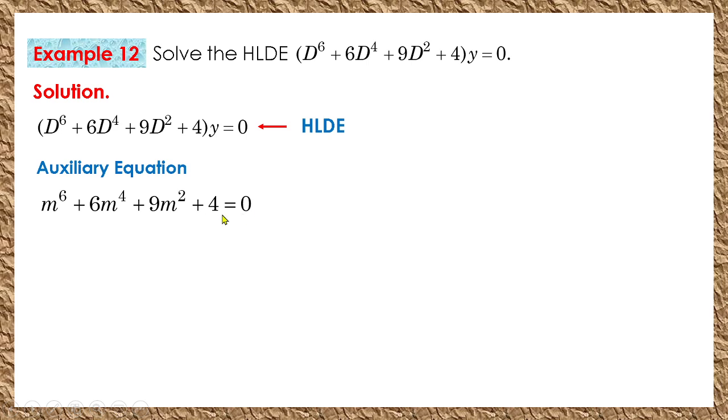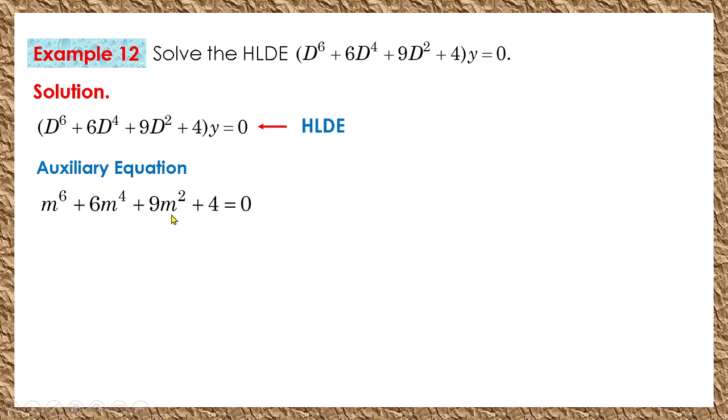So, ibig sabihin, ang roots nito, puro imaginary. Kita nyo, pag negative ang sinubstitute nyo sa M, dahil nakaraise sa even, lahat ng M, so it will never be zero.